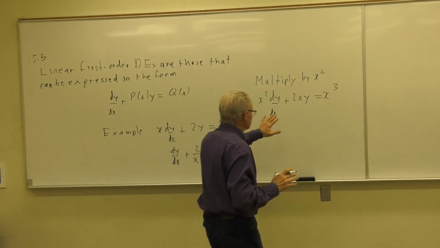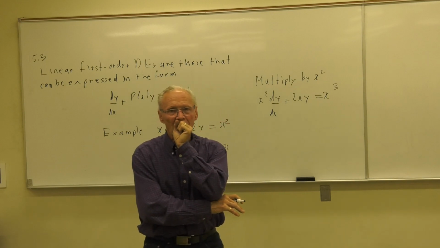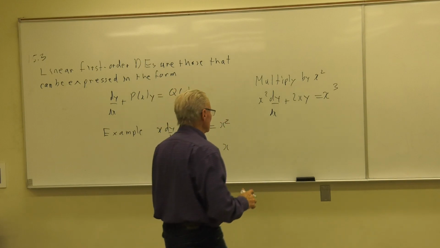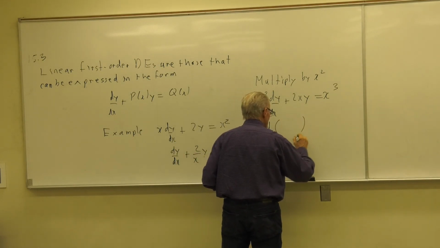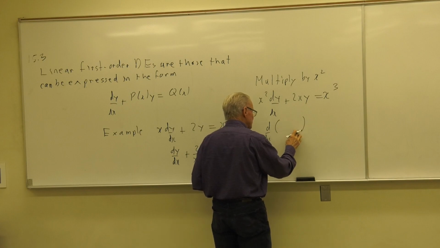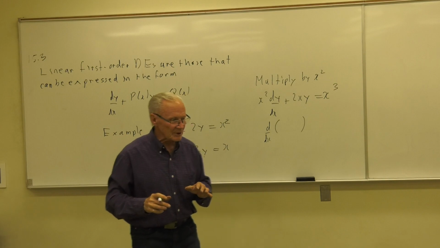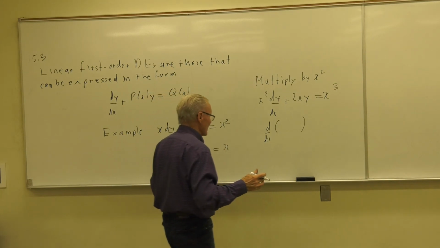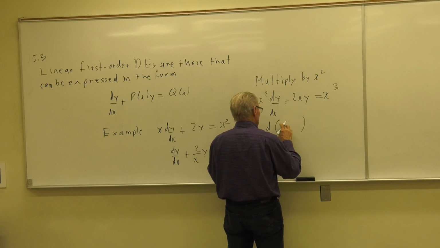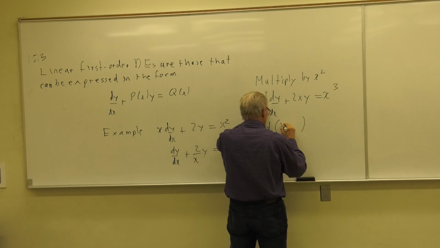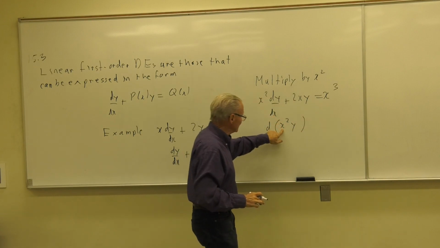And when you see a plus sign, that should automatically draw you to the product rule. So could you think of a product to put in here so that when I differentiate it, I would get both of these? The product rule is just one times the derivative of the other plus the other times the derivative of the one. If this is to be one of them, then that product has to be x squared y, because that will give this one times the derivative of that one.